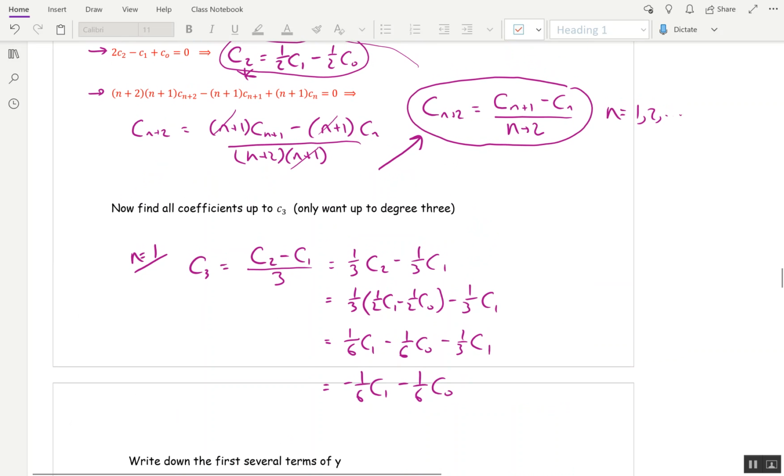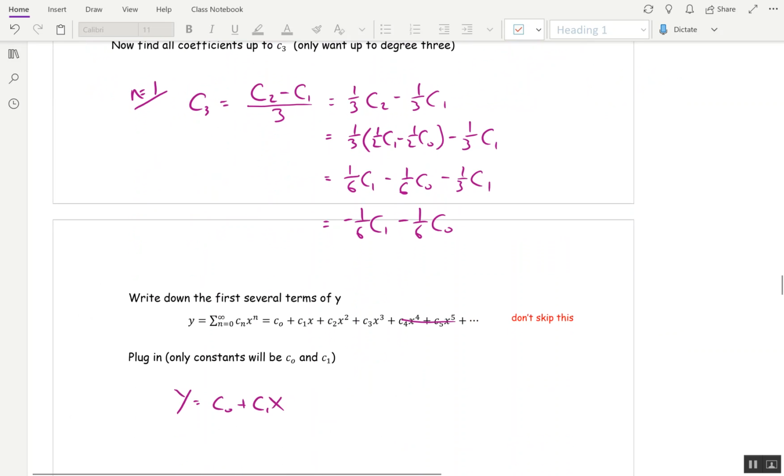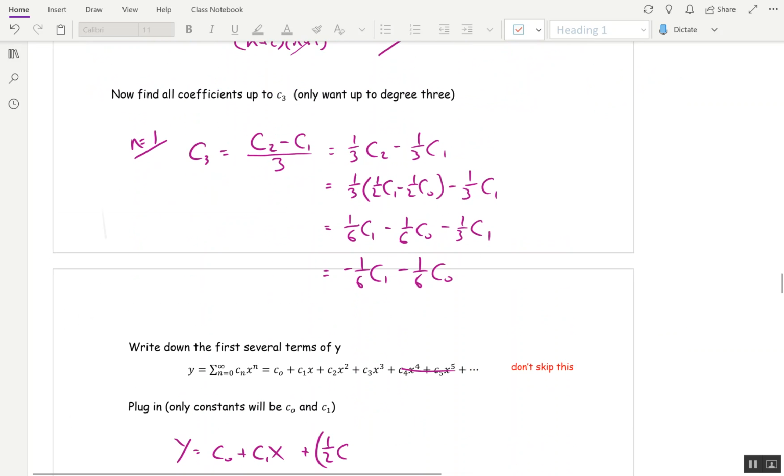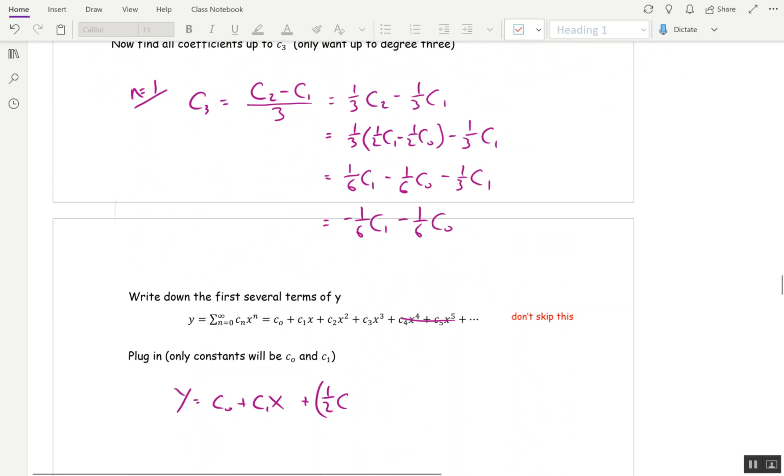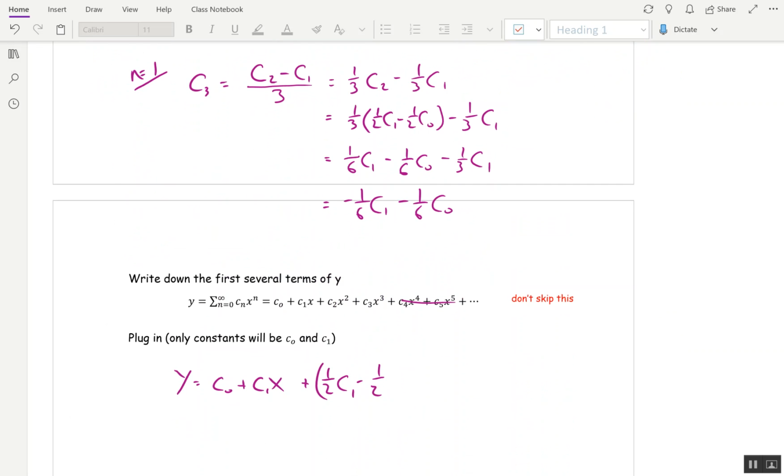C2 is 1/2 C1 minus 1/2 C0, and that's times x squared. And then my C3 is negative 1/6 C1 minus 1/6 C0 times x cubed plus dot, dot, dot.